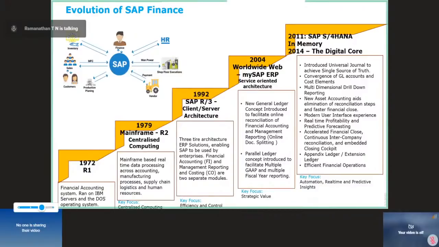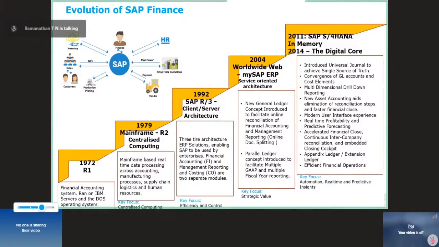Then in 1979, SAP moved to focusing on centralized computing. Further in 1992, SAP looked towards a client-server architecture, with the key focus on bringing efficiency and control to the customers.